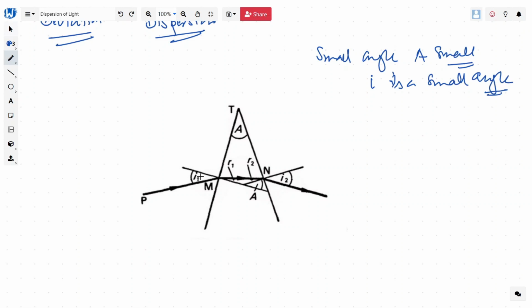It will get refracted, and let's say the refractive index here is n. It will get refracted at R1, then come to the second surface at R2, and go out. Because I1 is small, R1 is also going to be small, and similarly R2 and I2 are also going to be small angles. You will see in a minute why we are assuming all that.